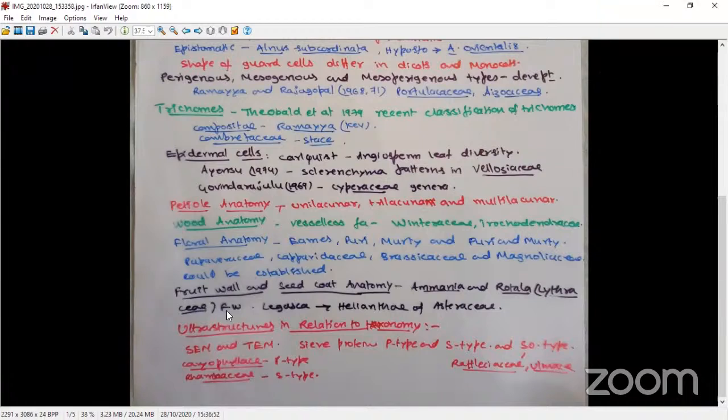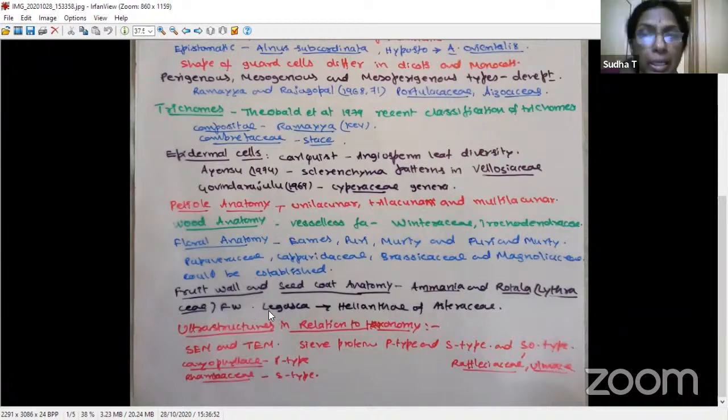Similarly, there is one genus called Legasca, a very common weed plant with small white globose flowers, an Asteraceae member. It has been placed in Heliantheae. I hope some of you know the sunflower name, Helianthus.